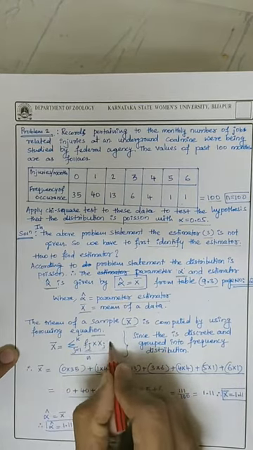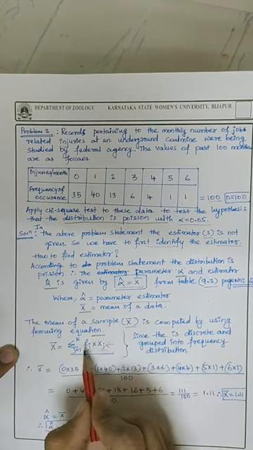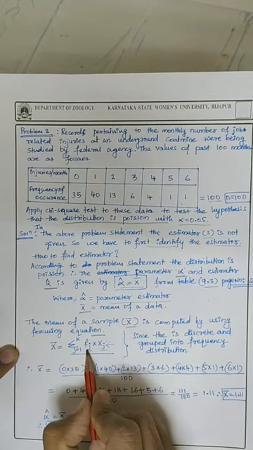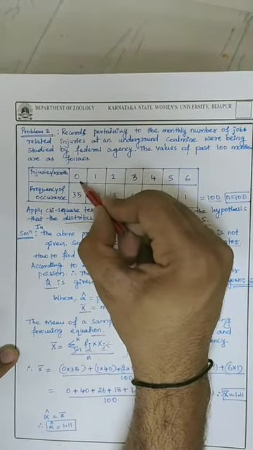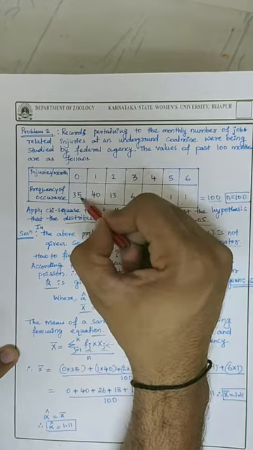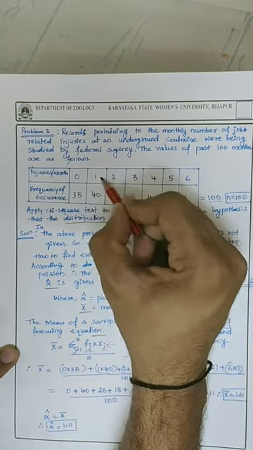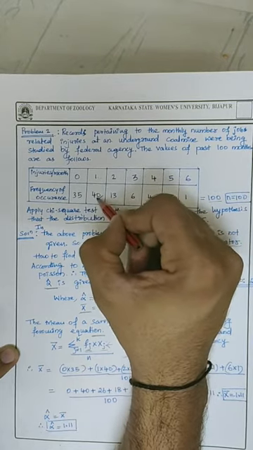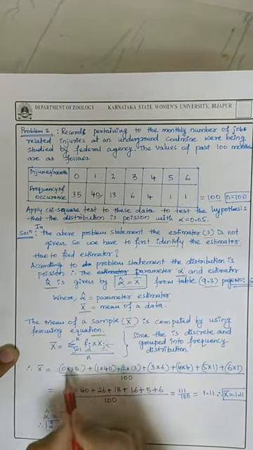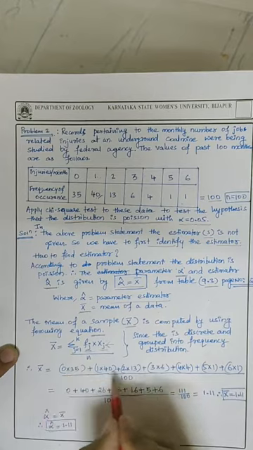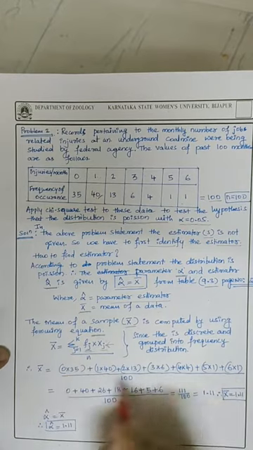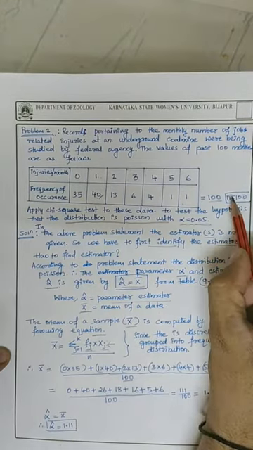The xj is nothing but the interval, and fj is the frequency within that particular interval, right? The frequency in this interval is 35, and in the next one the frequency is 40. So we have to multiply fj into xj, add these values, and divide by n, the total size of the data.